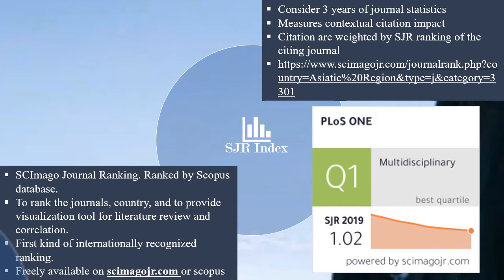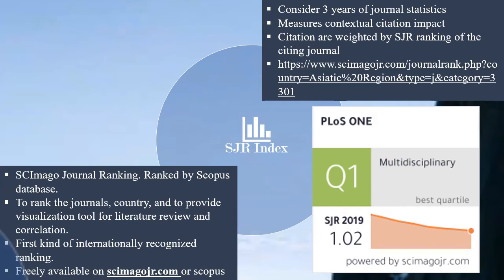The full form of SJR index is SCImago Journal Rank, which is ranked by the Scopus database. It is done to rank the journals, to rank the countries, and to provide a visualization tool for literature review and correlation. It is the first kind of internationally recognized ranking, and it is freely available on scimagojr.com.